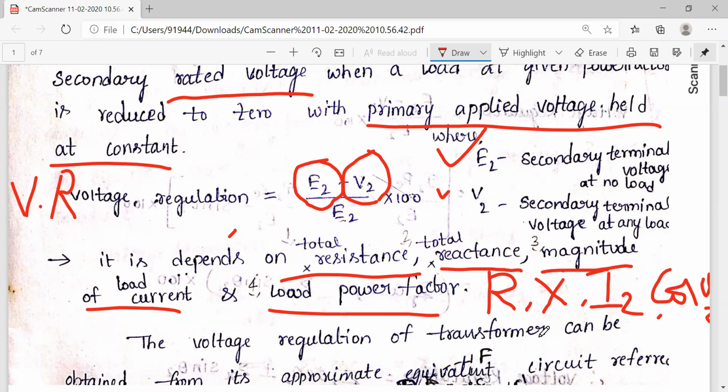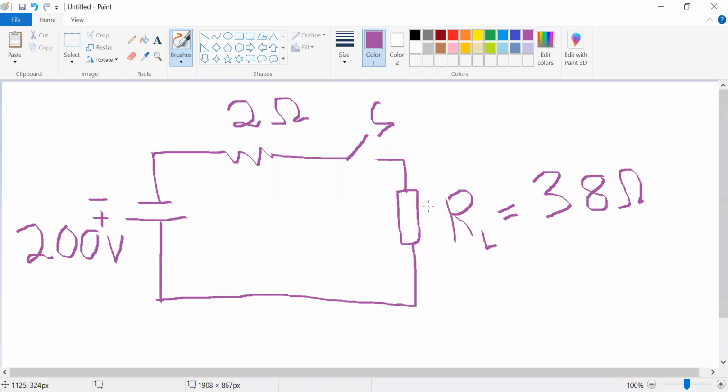So how does the change occur in the transformer secondary terminal voltage? Let us see. This is a simple circuit consisting of one voltage source, a 200 volts voltage source, and a load resistance of 38 ohms.